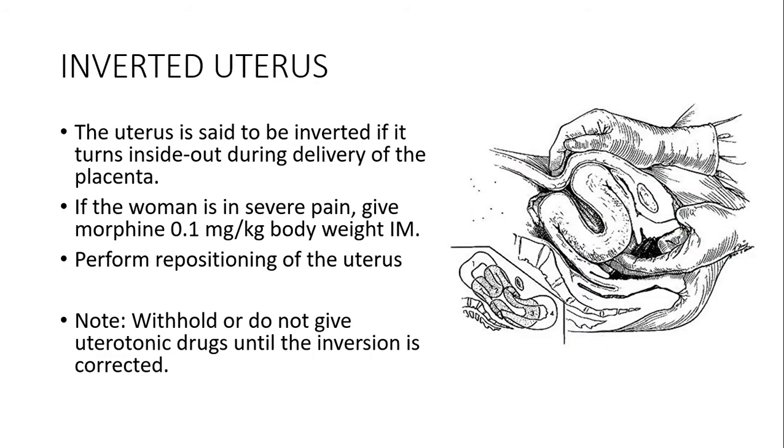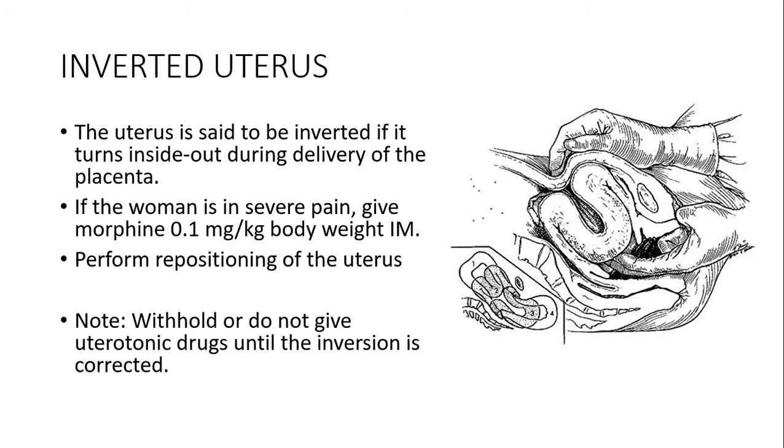What to do with inverted uterus patients? First, you need to understand that this is a very painful situation. The patient may feel shock, pain shock. You need to give painkillers like morphine and try to reposition the uterus to correct the inversion.